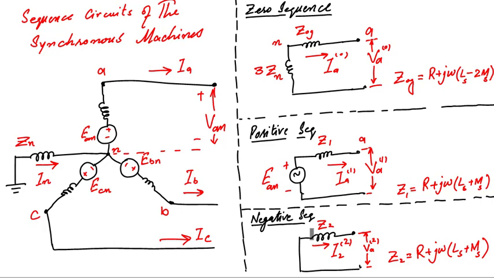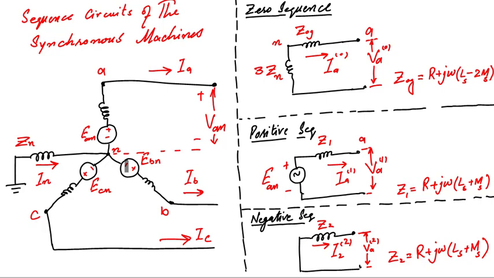So internally the voltage will remain perfectly balanced no matter what is the degree of unbalancing in the terminal voltage. The generator terminal voltage may become unbalanced, but the internal induced voltage will never be unbalanced. Reason because generators are designed to produce perfectly balanced voltages.